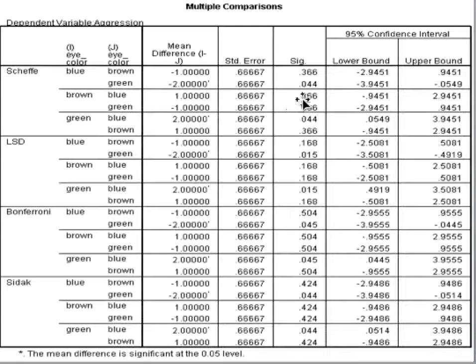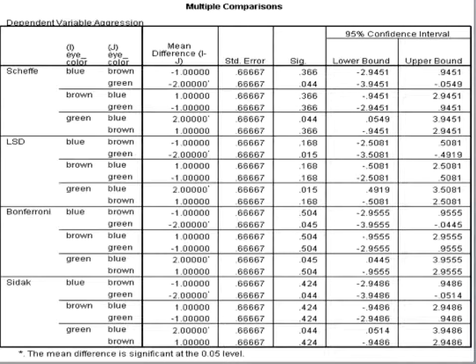And if you look at them all, they get slightly different results, right? But all in all, they're pretty close to the same. In particular, if we look at the Scheffe and the Sidak, and even the Bonferroni, they're all really close. The LSD gives me smaller p-values in general, and it's a much more powerful one.